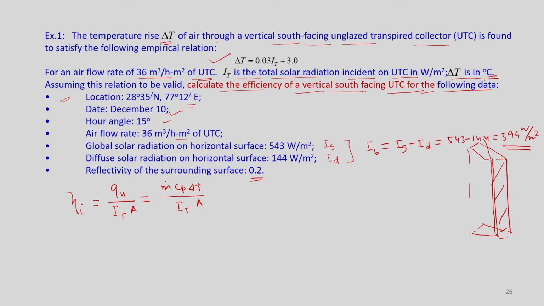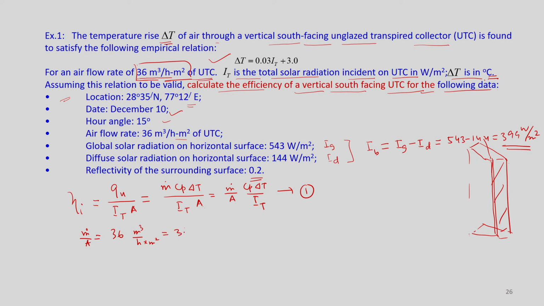So, m dot by A is given here as 36. Okay. Then we have Cp delta T by IT. Okay. This may be equation 1, right. And also we can simplify this m dot by A. So, this is 36 cubic meter per hour per meter square.